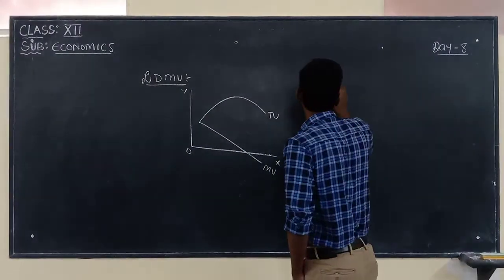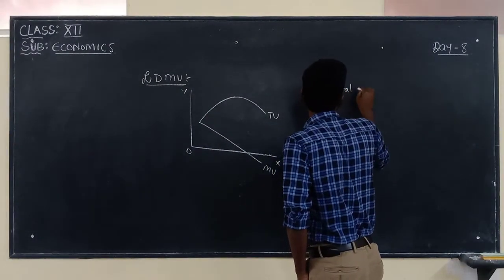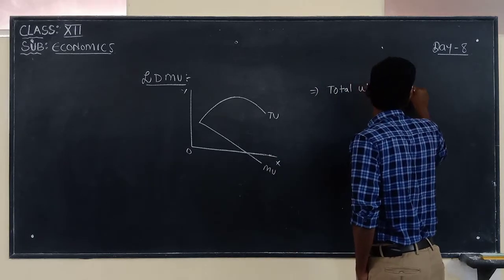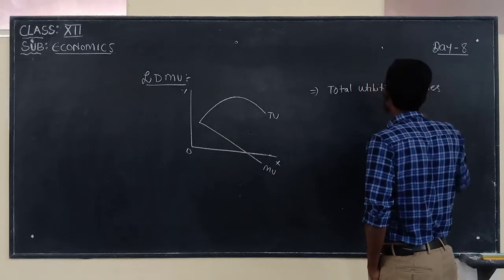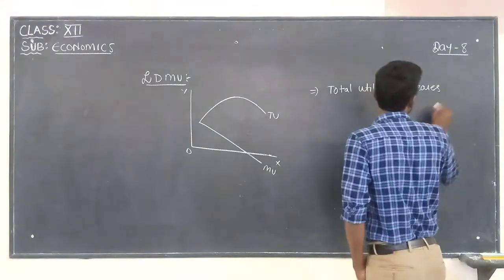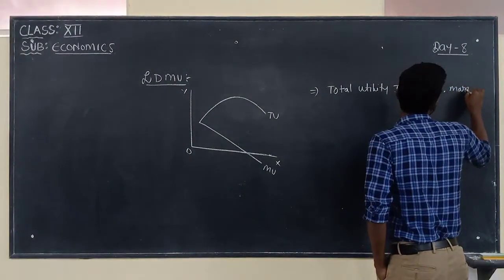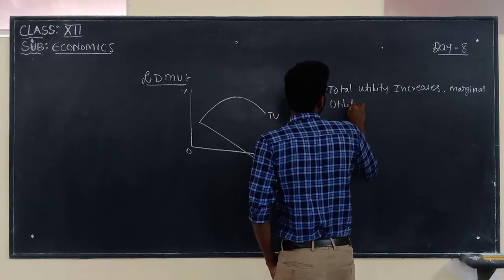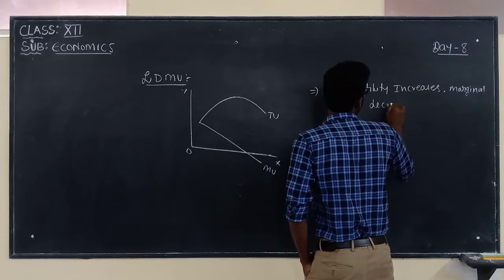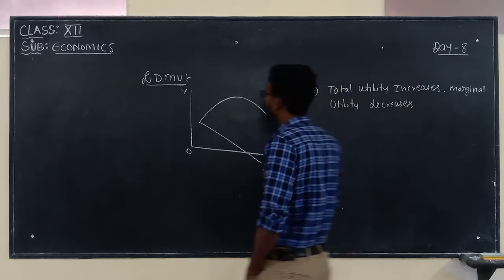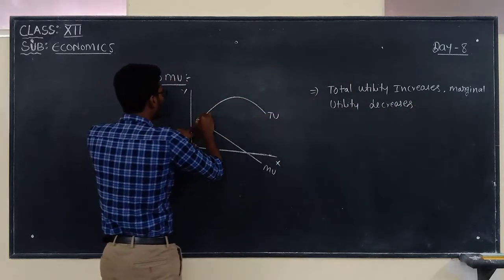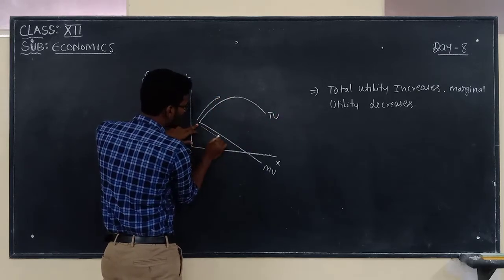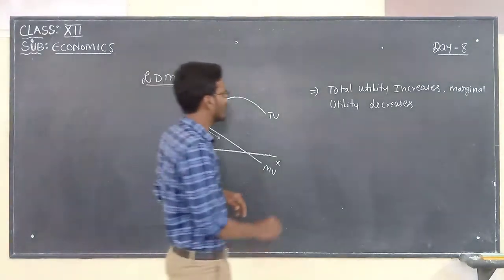We have to say that total utility increases and marginal utility decreases. When total utility is increasing, marginal utility will be decreasing.